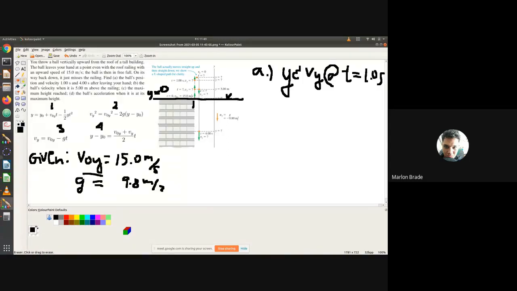Kabalo pod ka sa imuhang y naught, ang bola kay gikan sa rooftop, so gi-assume nato nga y naught equals 0. Given ang time, t is 1 second. So pangitaon nako ang y. Unsa nga equation akong gamiton para ma-solve nako ang y?